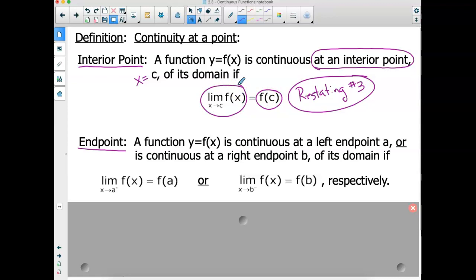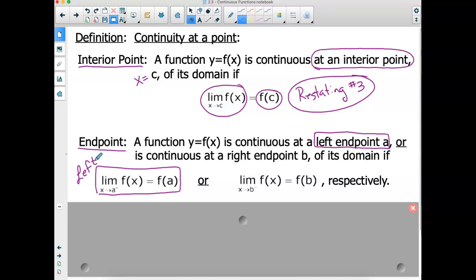A little bit different when I'm talking about an endpoint, a function is continuous at a left endpoint A. Okay, so we're saying a left endpoint A because this is my A value here. This one right here, this is my left endpoint. Okay, and this will make sense when I draw you a little picture here.